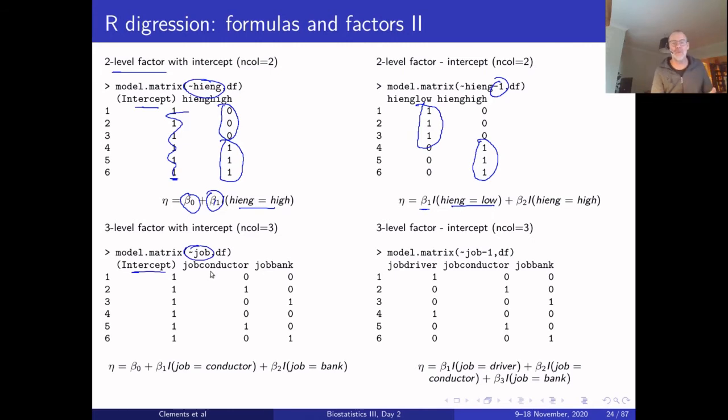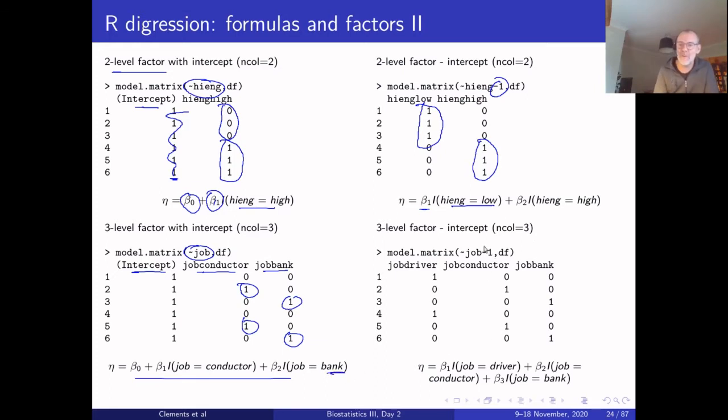The drivers were the reference, so we basically ask, are they conductors or are they bank workers? So these ones were conductors and these ones were bank workers. These ones were conductors and these ones were bank workers, and that is the linear predictor. Eta is equal to beta naught plus beta 1 times I(are they a conductor) plus beta 2 times I(are they a bank worker).